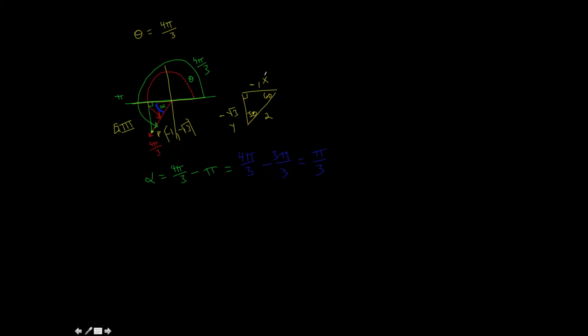Because sine, cosine, and tangent can be found very easily from these. But the hypotenuse is what we've got to worry about.